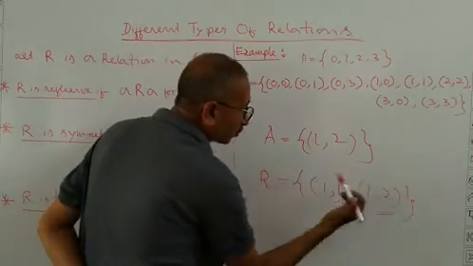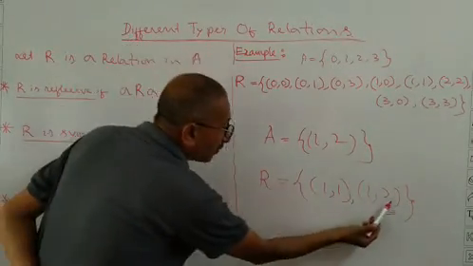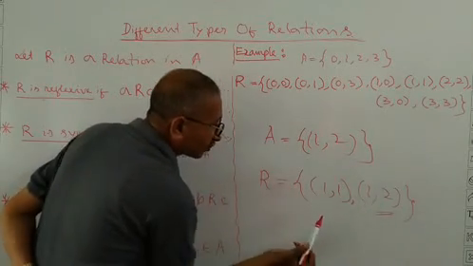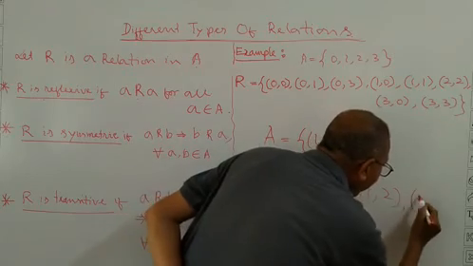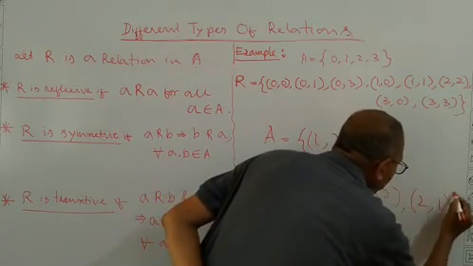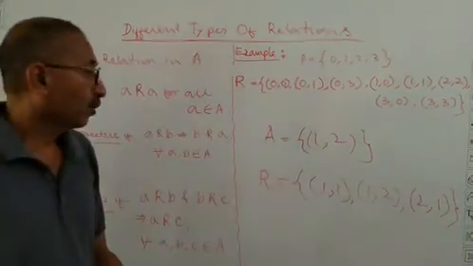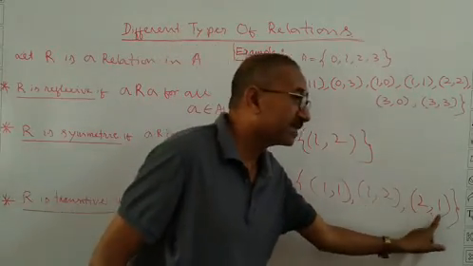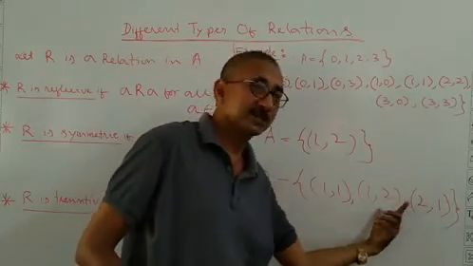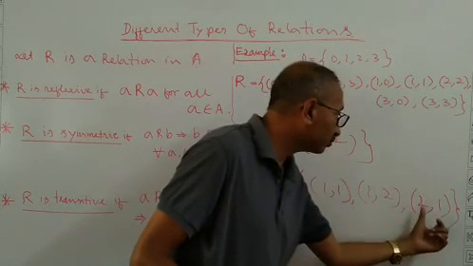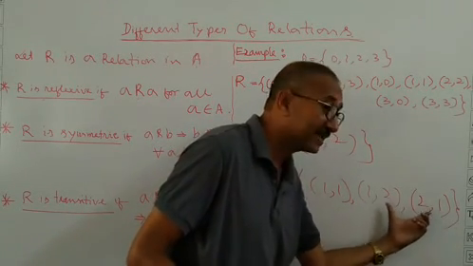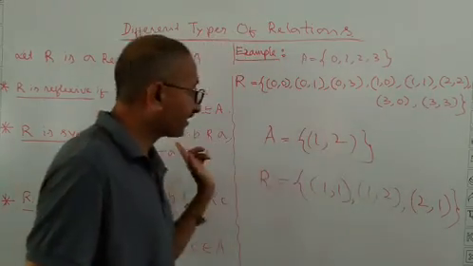1 is related to 2. Now we should say 2 must be related to 1. But is it there? If I write 2 is related to 1, now it is symmetric. 1 is related to 2, 2 is related to 1. If it is just the opposite, 1 is related to 2, 2 is related to 1, then it is a symmetric relation.